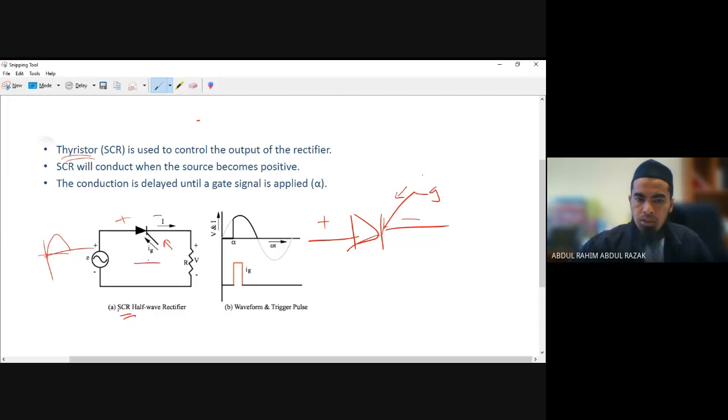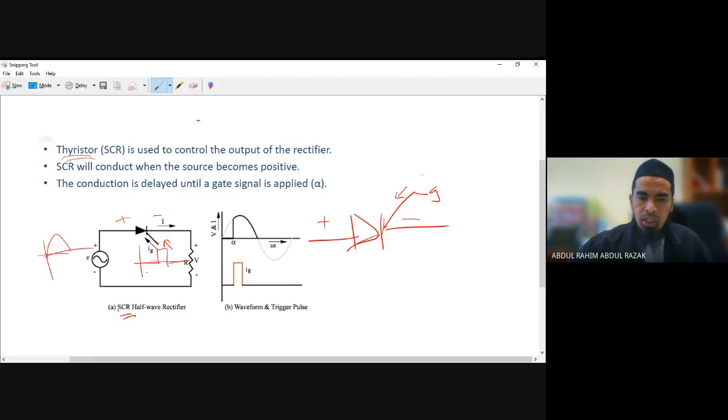You put a pulse. Some devices are controlled by current, some by voltage. Let's say you put current pulses, certain milliamperes, to the gate.